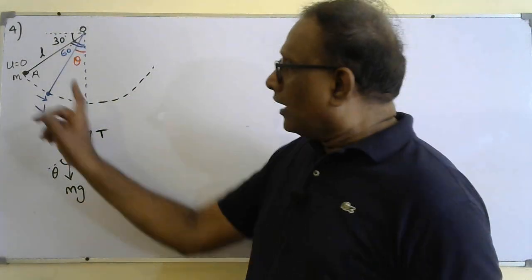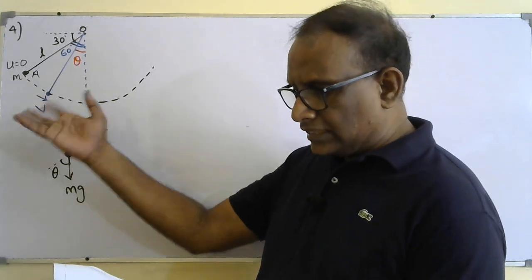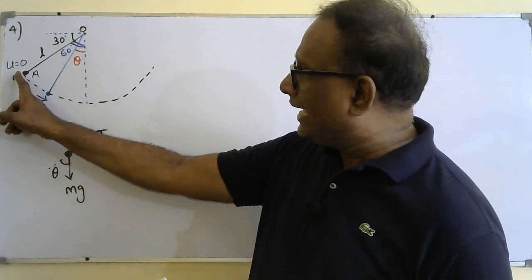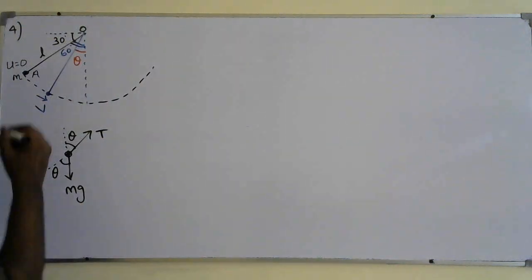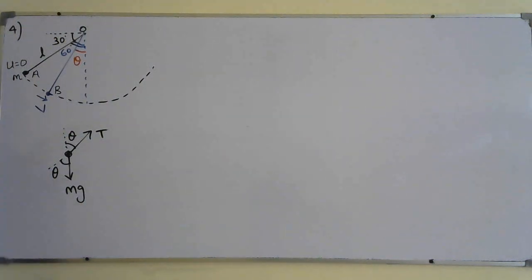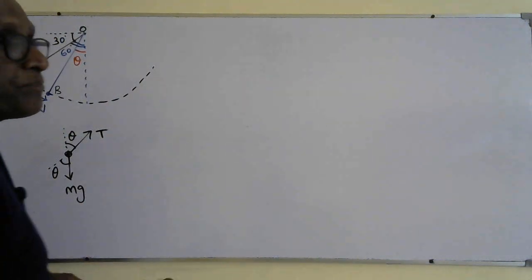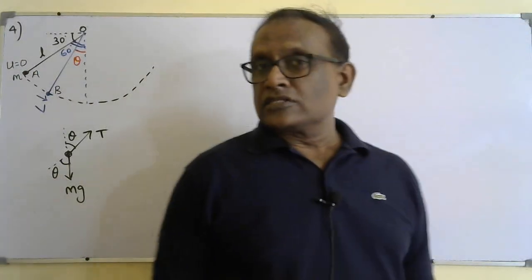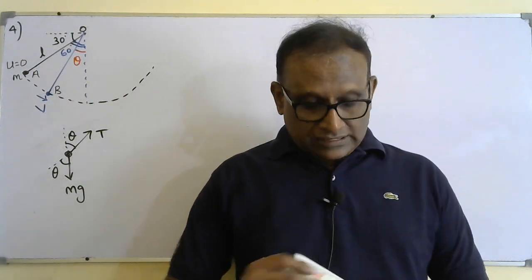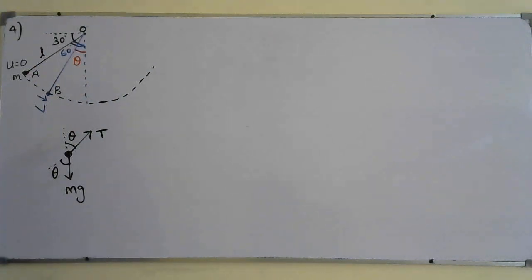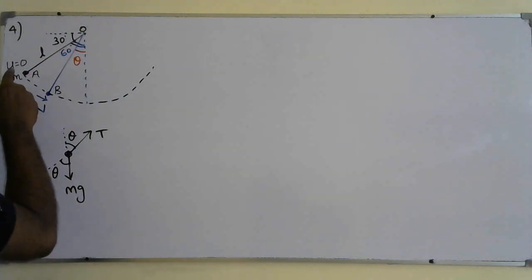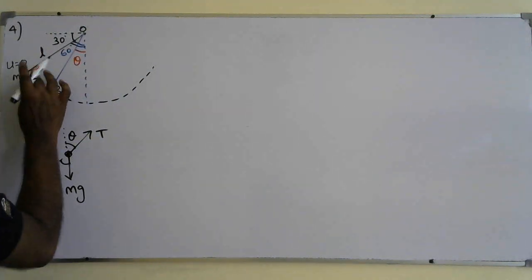So when the acrobat, the circus performer, moves from A to this position, we'll name this position B. When it moves from A to B, we can use the energy equation because there is no change or loss of energy. So loss in GP equals gain in K. Through what height is she falling, we need to find it.